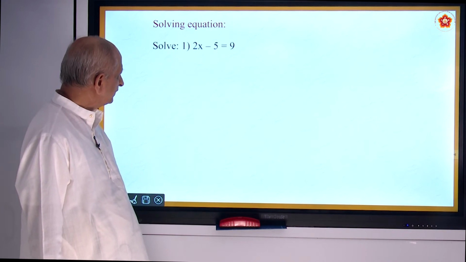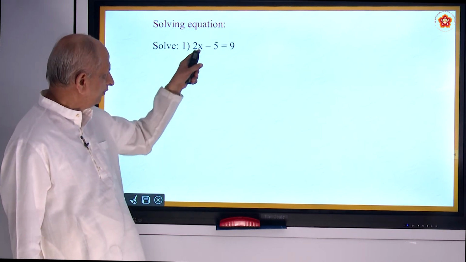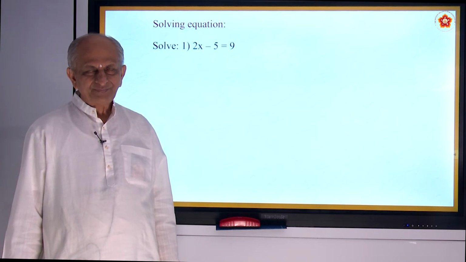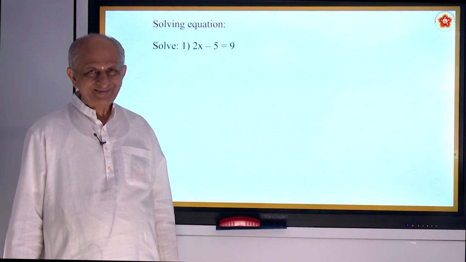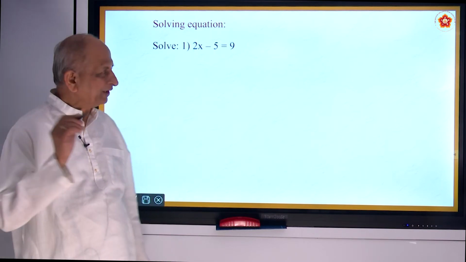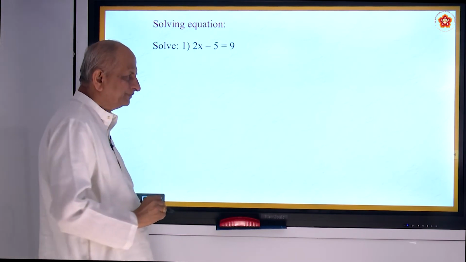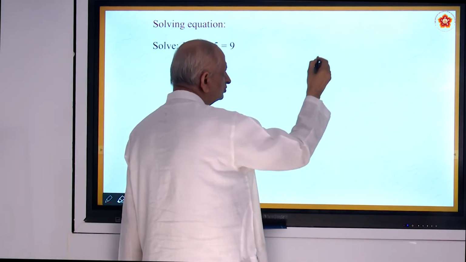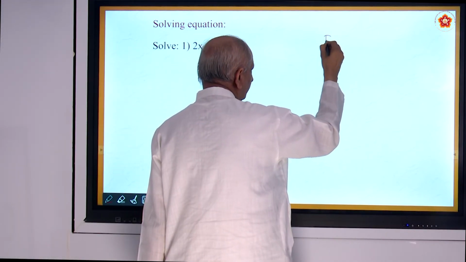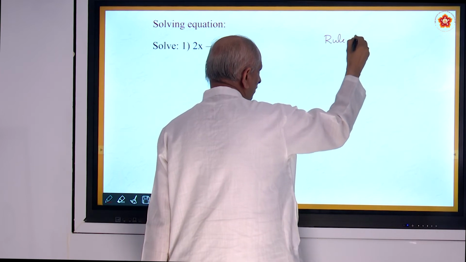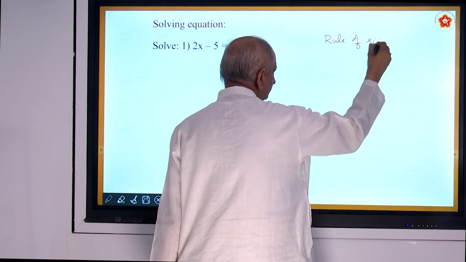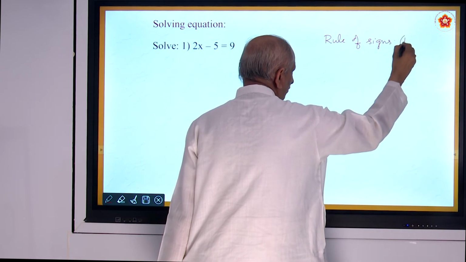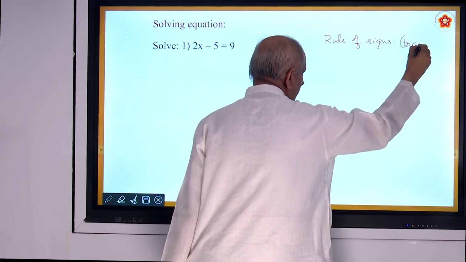So, solving an equation, they give like this, solve. Solve means what? Finding the value of the unknown. What is the unknown here? x. How to do it? For that you have the rule of signs, you may note down, and this happens only for transposition.